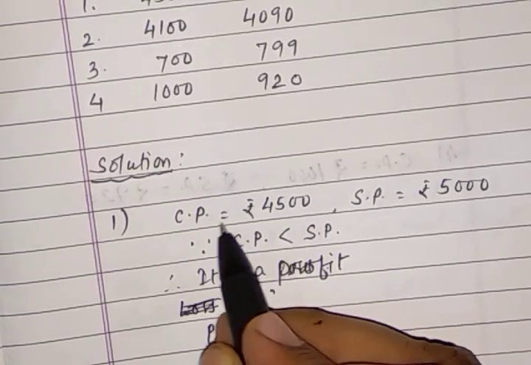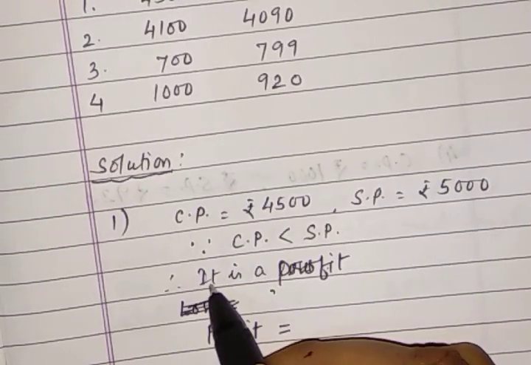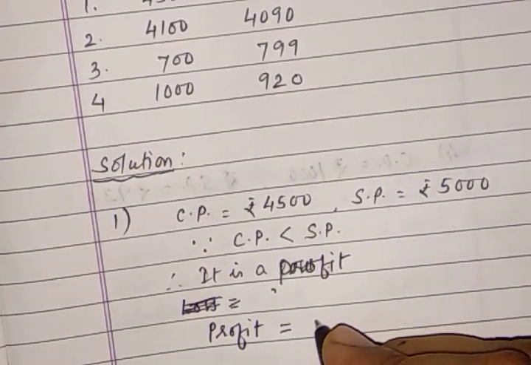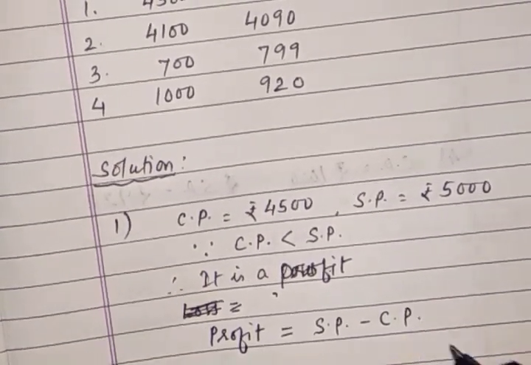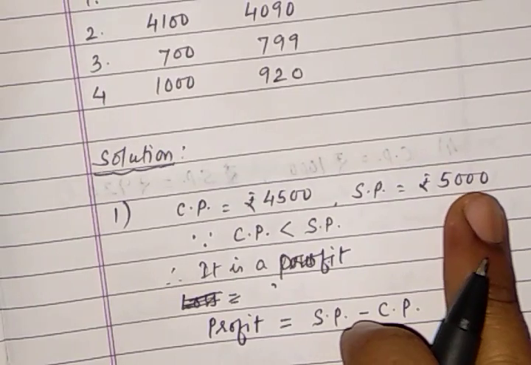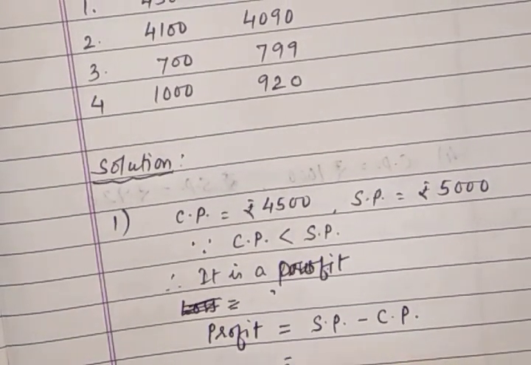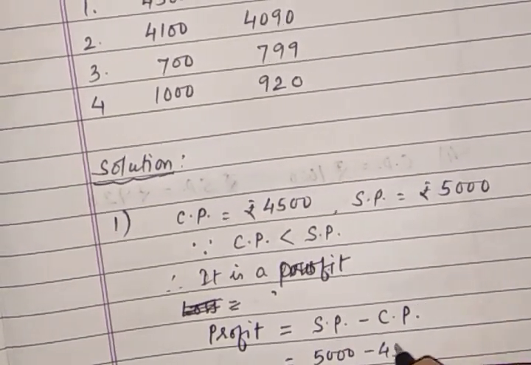So here you can see cost price is less than selling price, so that means it is a profit. So formula is profit equals selling price minus cost price. You have to always remember that the one which is greater has to be written first. So you will write here 5,000 minus 4,500.